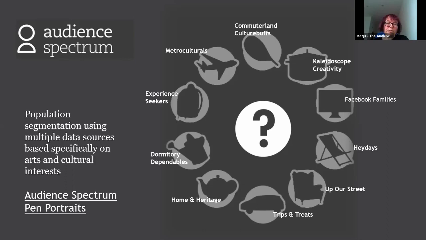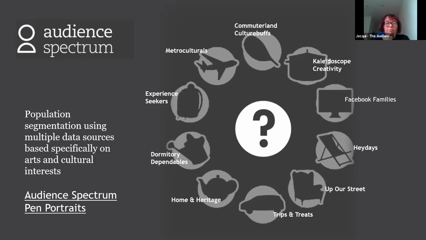And for audience spectrum, that context is our relationship with and our engagement with arts and culture across a broad range of different art forms. So it looks at the role that arts and cultural engagement plays in people's everyday lives, and their sense of who they are, how important it is to them, and what sort of things they like to do.